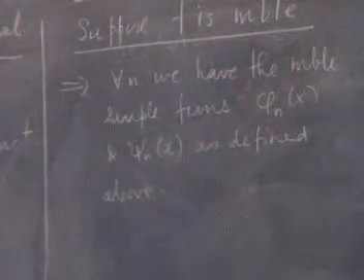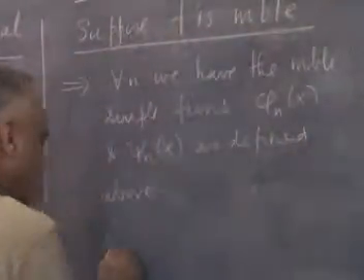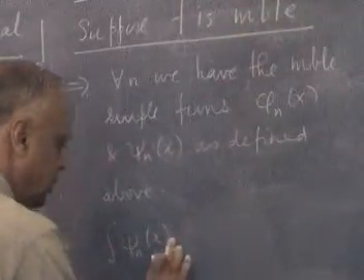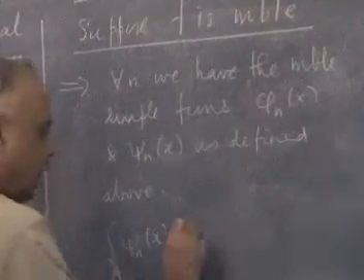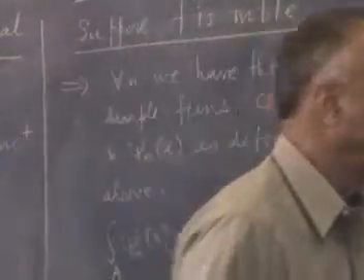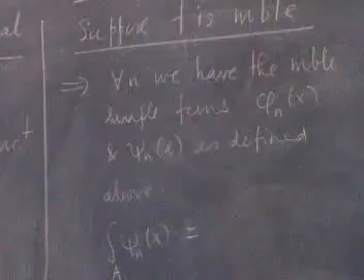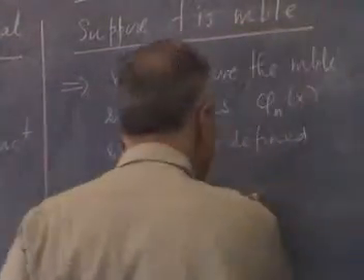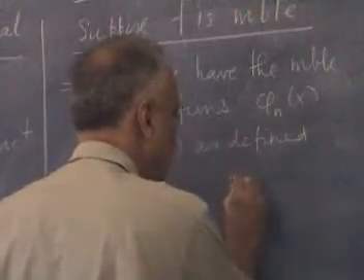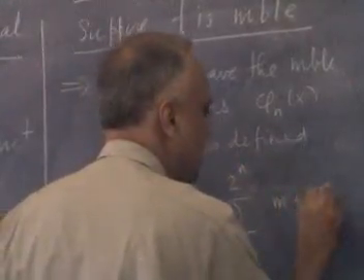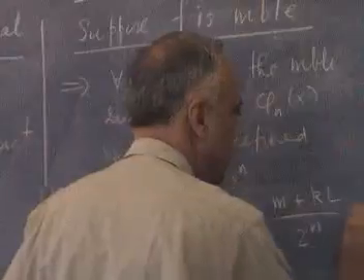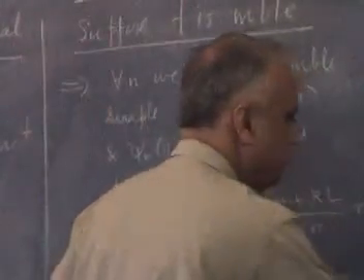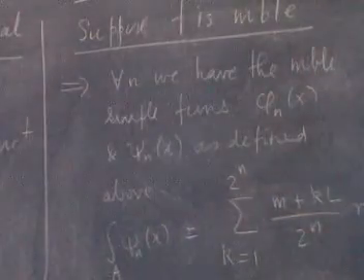Now, what can you say about the integral of psi n? It is simply this times the measure of that, all to be added. So it is the summation k equal to 1 to 2 to the n, of m plus kL by 2 to the n, times the measure of A_kn.